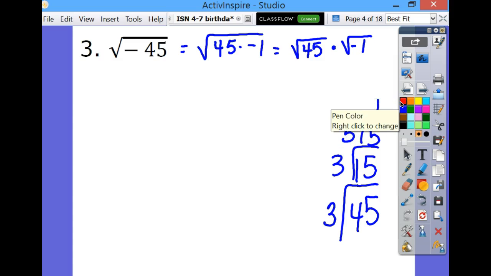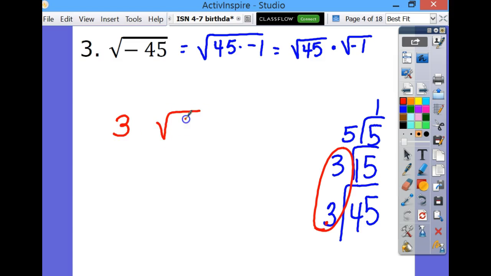Now, the one mistake I saw people making on a birthday cake the other day is not using the smallest possible number when you start your birthday cake. Sometimes when you do that, you miss one of the prime factors. That is one of the good things about the birthday cake: you always start with 2, and then 3, and then 5, and if you always start the same way, you're less likely to miss a factor that you need. Okay, so now I have a pair of 3s and a 5 left over.